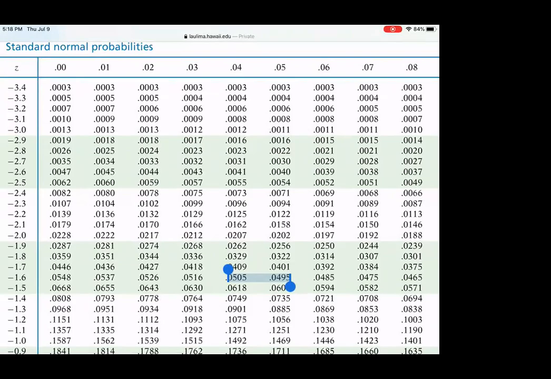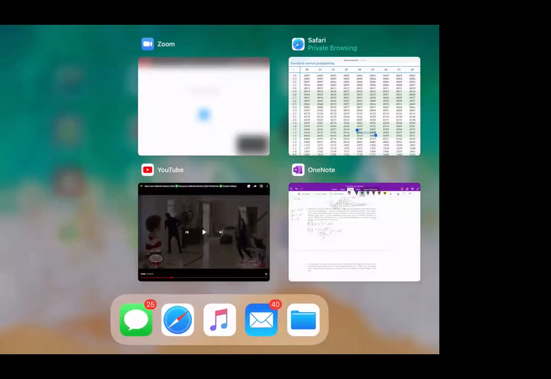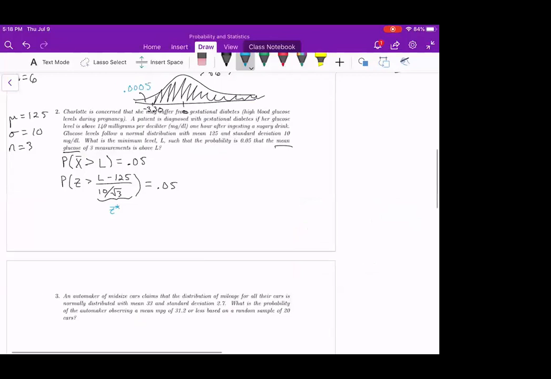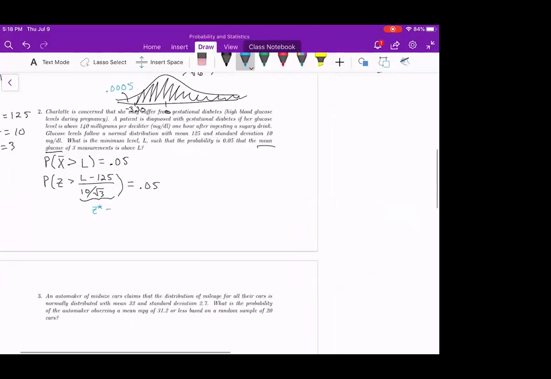And so that is going to be negative 1.645. So the next step is to ask yourself, should it be negative or positive? Anyone have an idea?